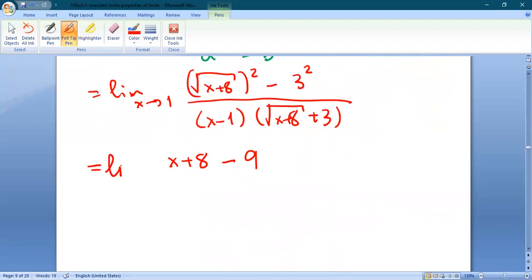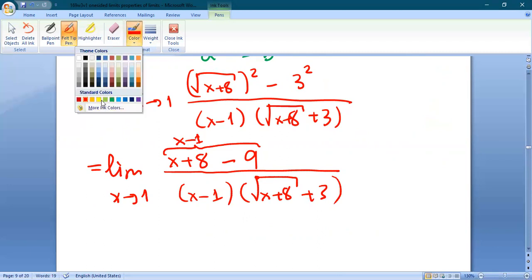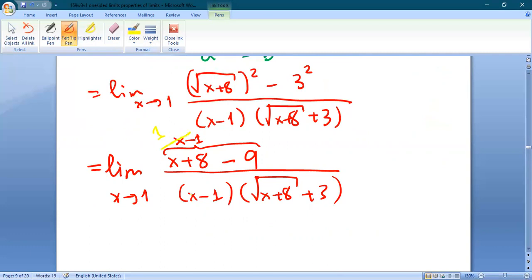And then if I divide this by x minus 1 times square root of x plus 8 plus 3, the top is equal to x minus 1, right? x plus 8 minus 9, that's x minus 1. So again, simplification, this is 1, this is also 1.